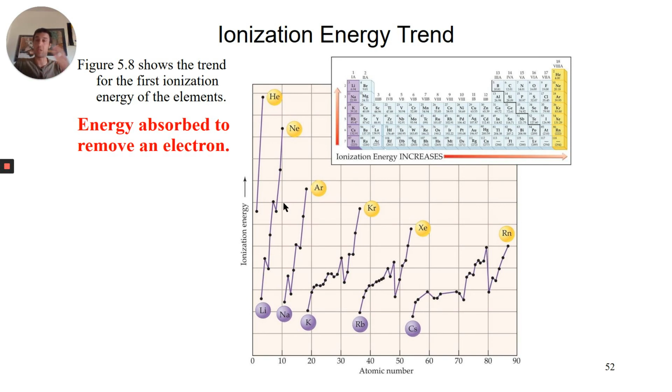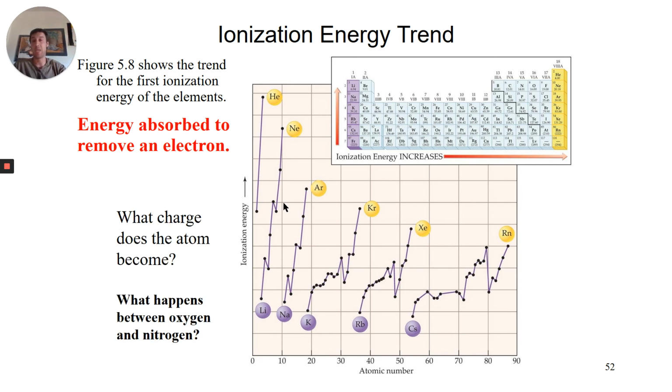Those trends aren't perfect. To really understand this, you have to look at the electron configurations for each and every single atom and use our general understanding: how much energy is it going to take to rip it away? If we go through and do that, that helps to explain what's going on here.